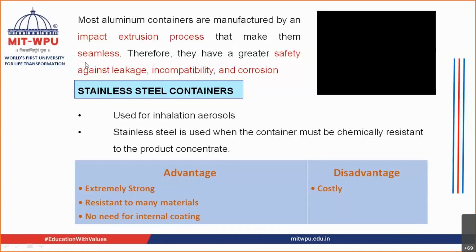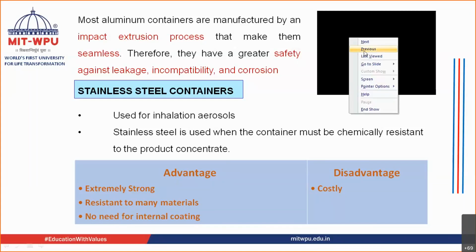The joining was done with the soldering process or with the help of the welding process. But because these aluminum containers are manufactured by impact extrusion, they are seamless. Therefore, they have great safety against leakages, against incompatibility, and against corrosion also. Let us see how the seamless procedure takes place, so you'll be able to understand.